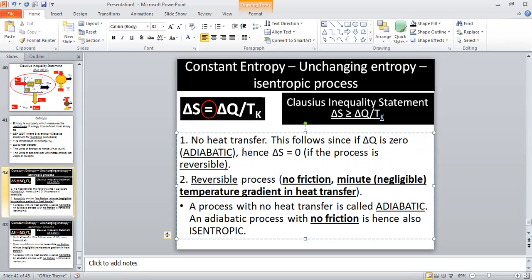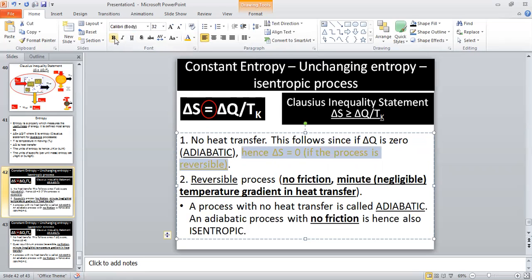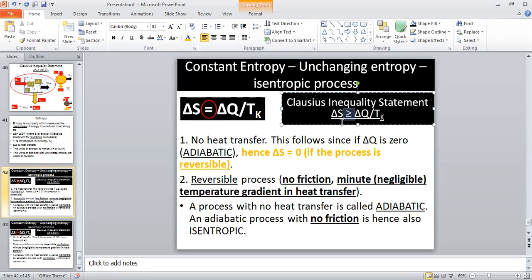So this is applicable, okay, for this delta S. Otherwise, only delta Q 0, delta S can be high if it is not reversible.